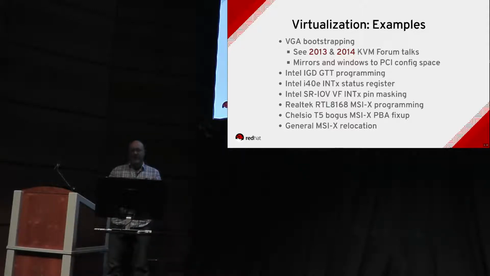We have a couple MSI-X issues. We have a Realtek card that exposes MSI through a backdoor in its MMIO space. So that's another case where it's exposing physical addresses to the device, allows the user to program those, and we have to virtualize that. And I'll skip Chelsio because we're running out of time, but I will mention that we do have MSI-X relocation.